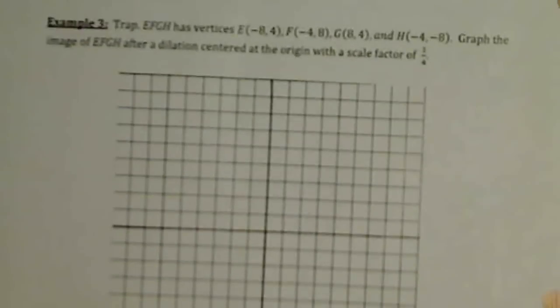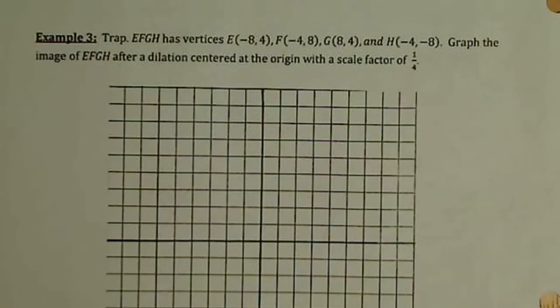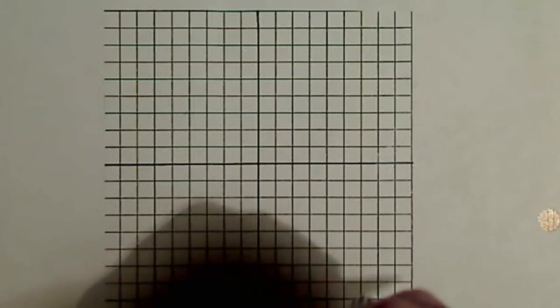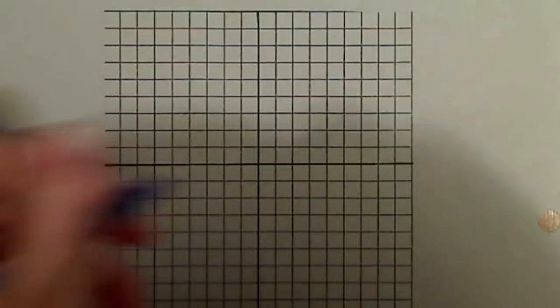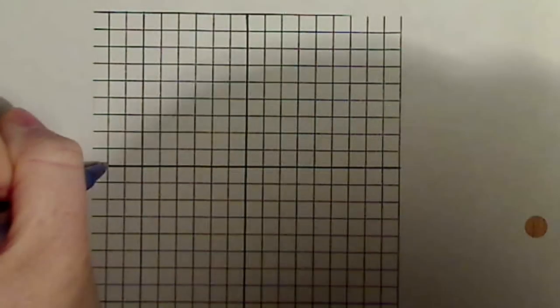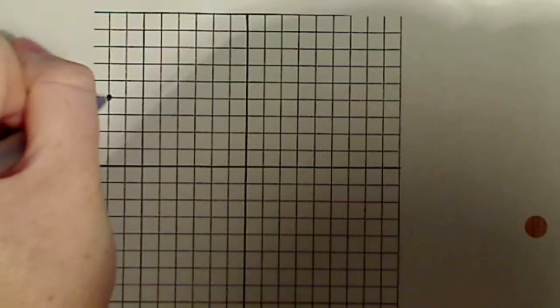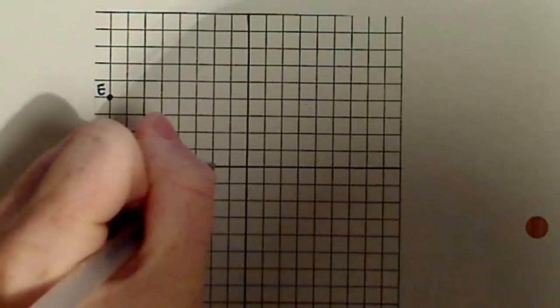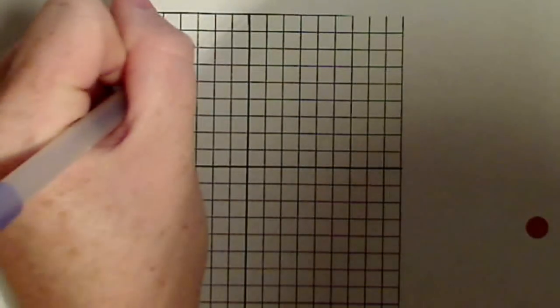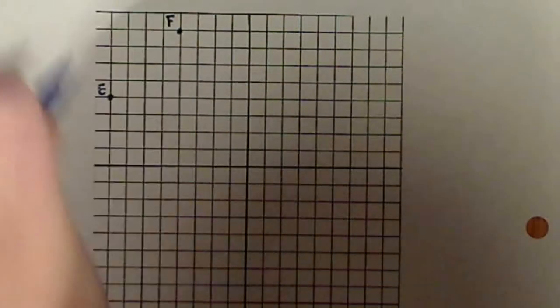Okay, last example here. I'm going to let you read the top and plot the points. So first, let's plot our original trapezoid. I'm going to use sparkly blue for that. Make sure you label your points.